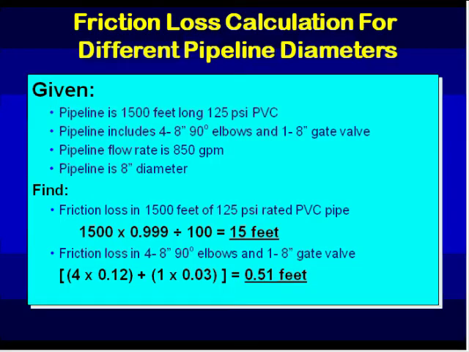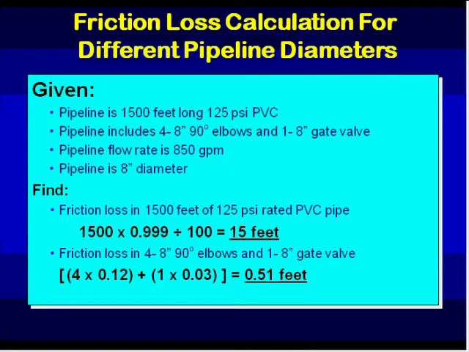So the friction loss in the pipeline: we had 1,500 feet of 8-inch pipeline multiplied by the friction factor 0.999 divided by 100, because we want this per 100 feet of run. And so we have 15 feet of friction head to get the water through that pipeline.